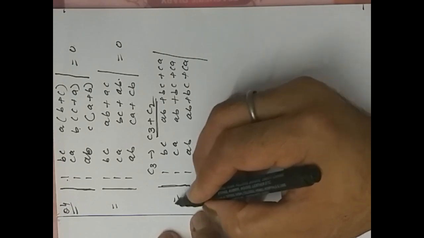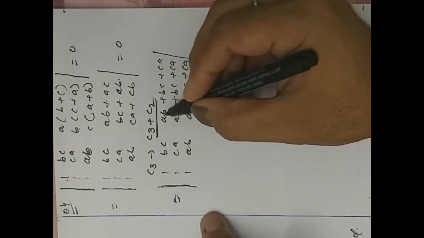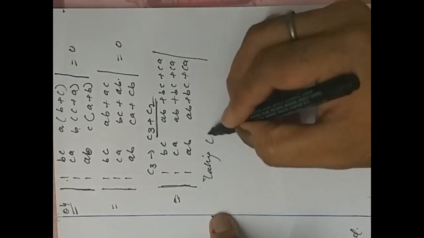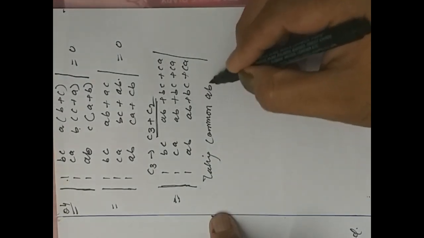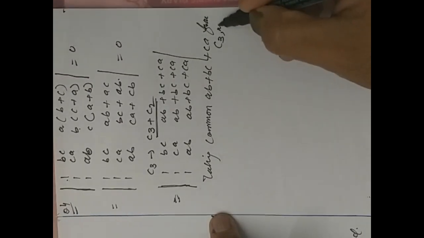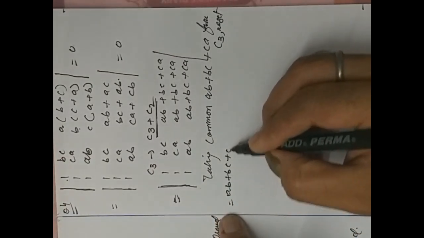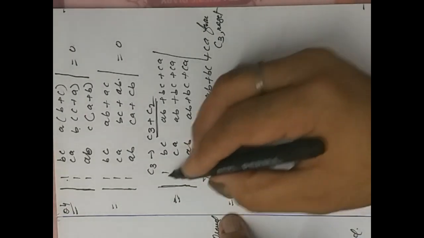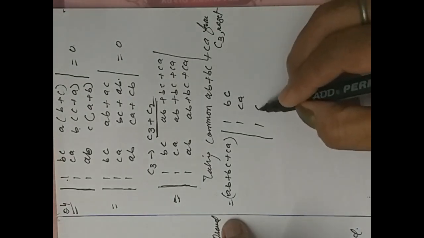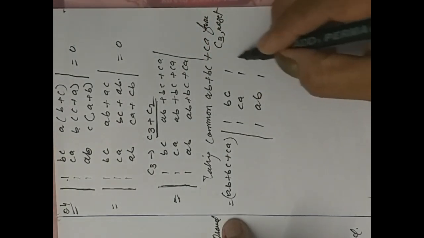Now we have studied that property also, that any element can be taken common from any row or any column. So now AB plus BC plus CA, this element is common from C3. So taking common AB plus BC plus CA from C3, we get AB plus BC plus CA out of the bracket, and we'll have 1 1 1 here, and the second is BC CA AB, and the last one we have taken this AB plus BC plus CA out, so 1 1 1.